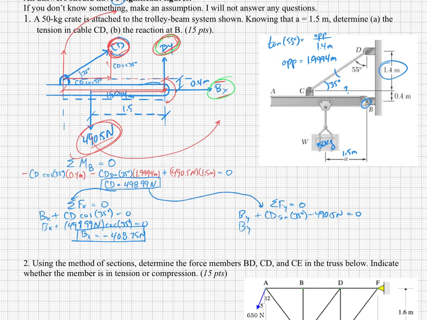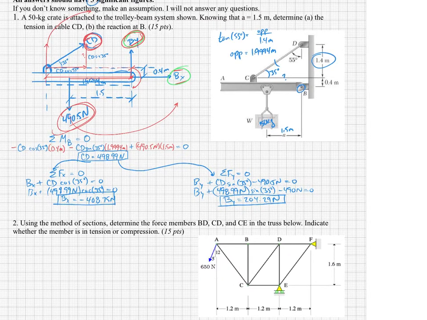By plus 498.99 newtons times the sine of 35 degrees minus 490.5 newtons equals 0. So By equals 204.29 newtons, like that.